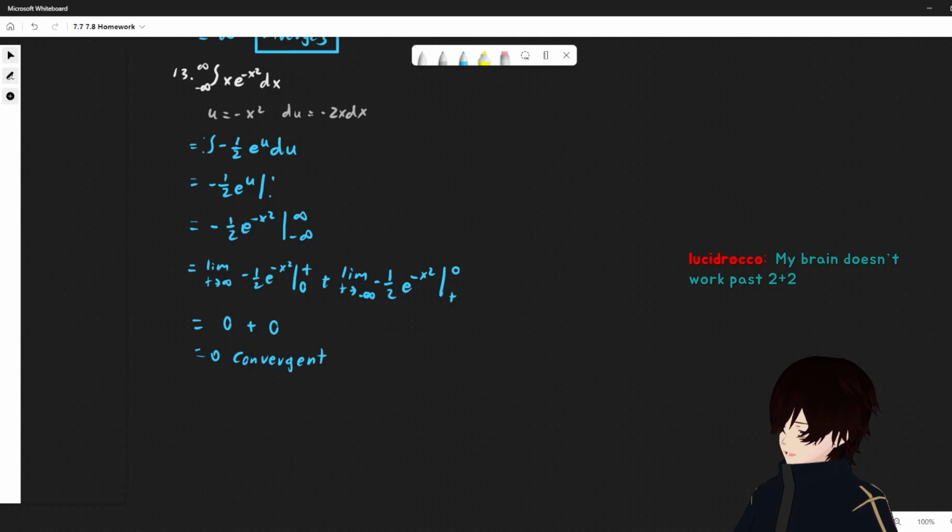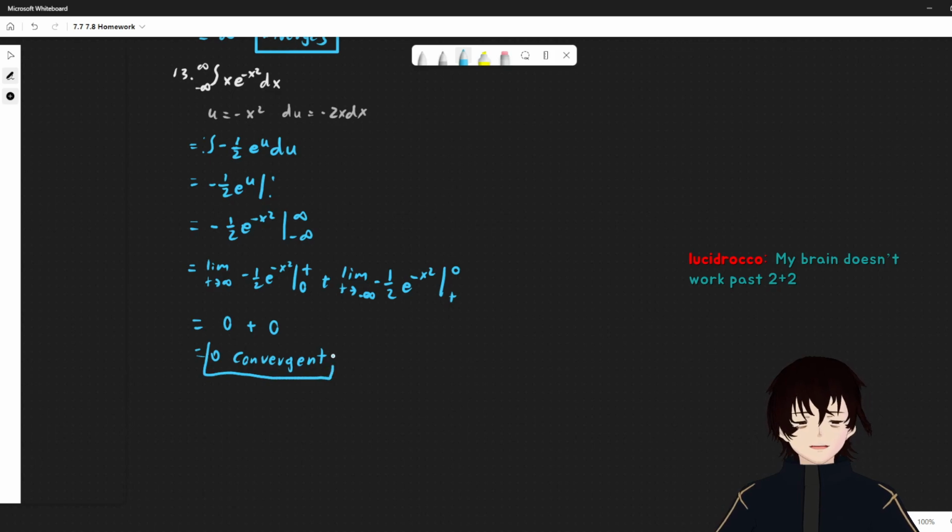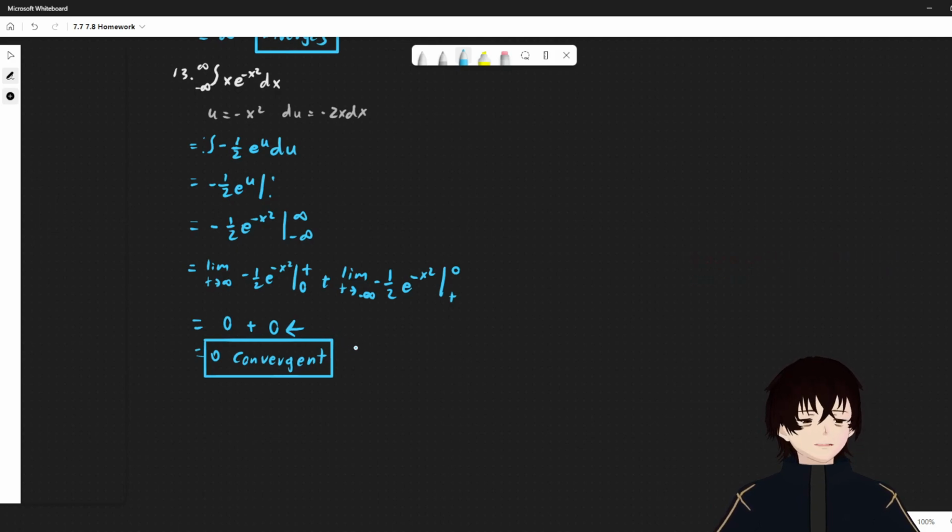Trust me, my brain doesn't go that much further either. That's why I have a calculator. And it is 0. How convenient, our answer is correct. See, we don't have to go past 2 plus 2. We just need to work out 0 plus 0 somehow.